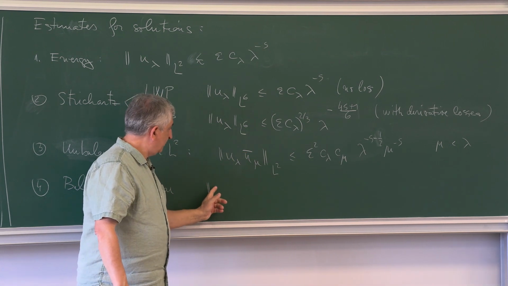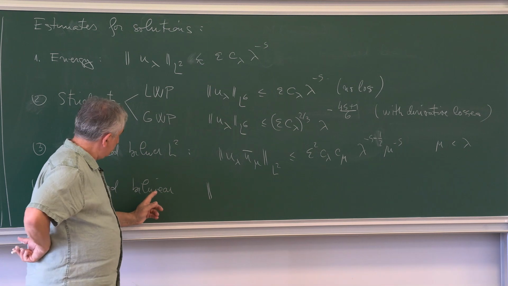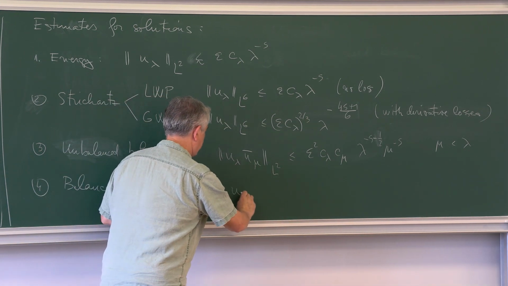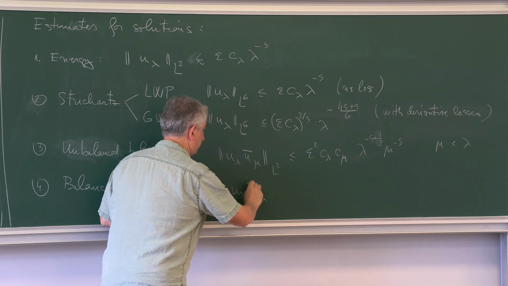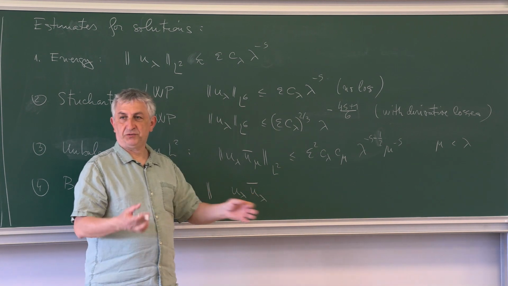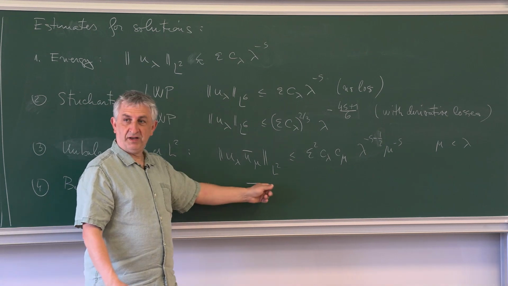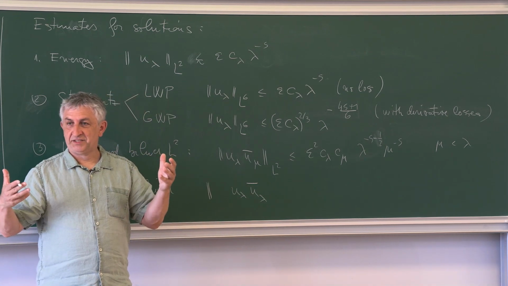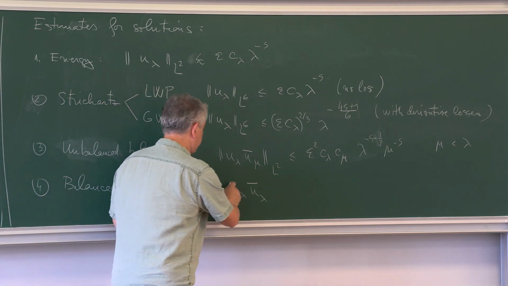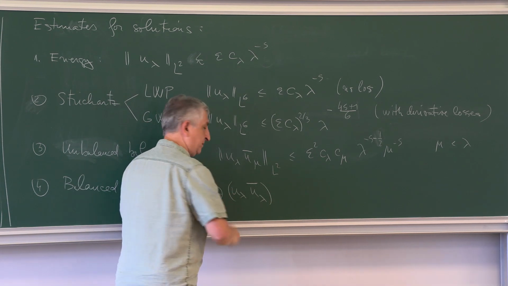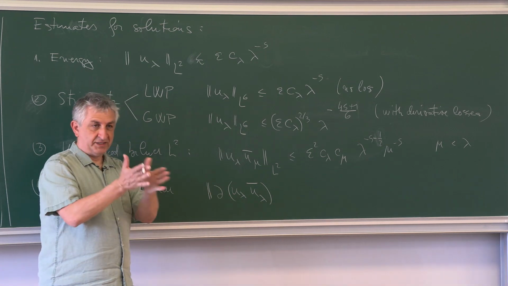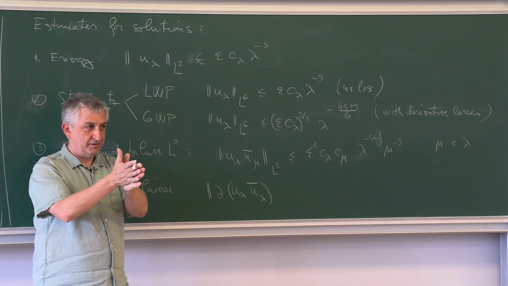But if I'm multiplying, let's say, u_lambda with u_lambda bar, then I have the same frequency here and here, and then my bilinear estimate blows up. So I need to tame it, and the way I tame it is by putting a derivative in front. So this derivative penalizes interactions which are parallel.